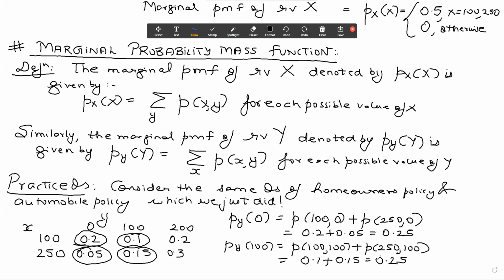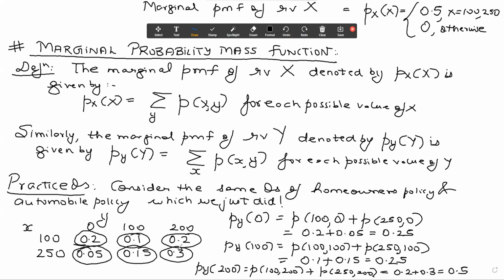And similarly, py of 200 will be p of 100 comma 200 plus p of 250 comma 200, which will be the sum of 0.2 plus 0.3, which will be 0.5.